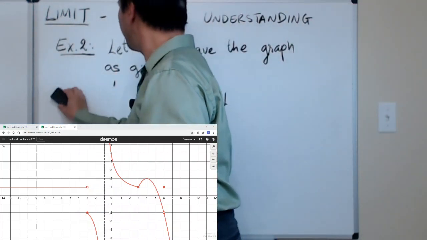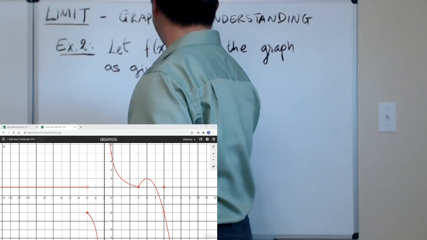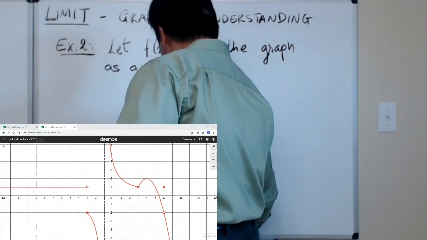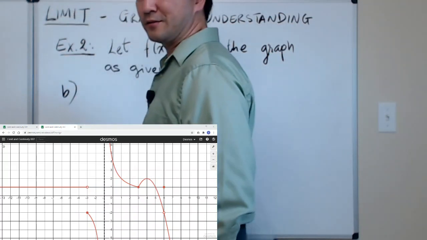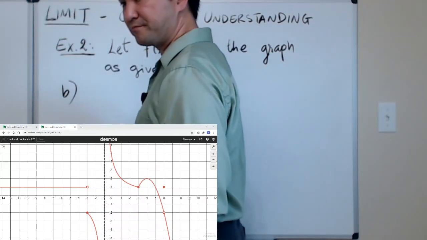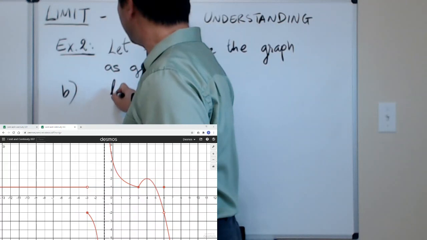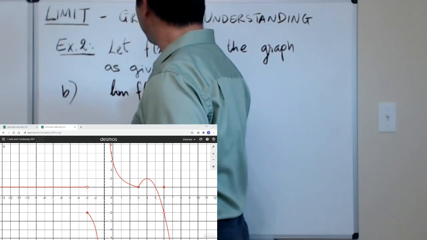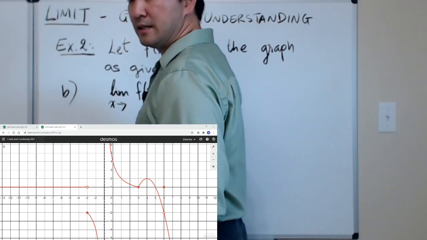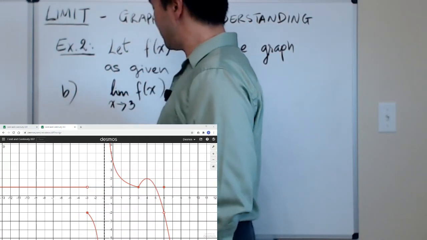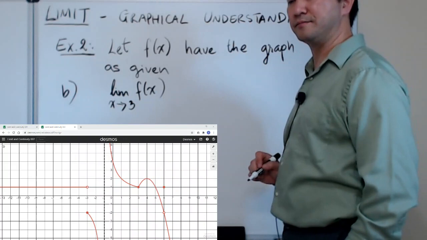What about part B? I'm going to put up a different question regarding the same graph. Question B: find the limit of this function f of x as x is getting close to positive 3.